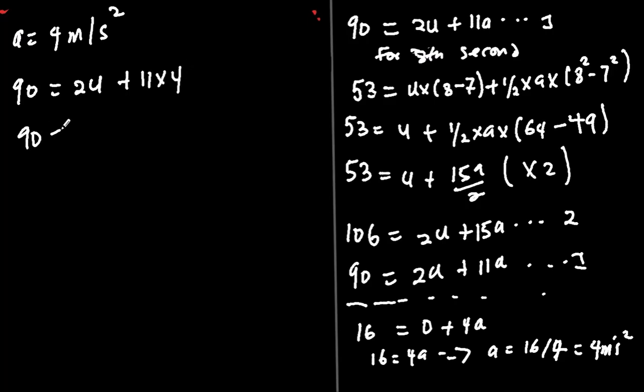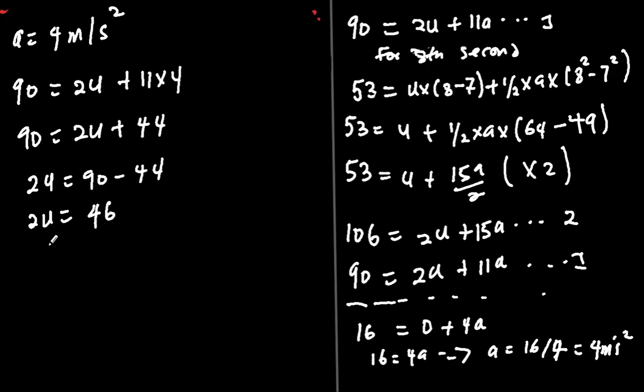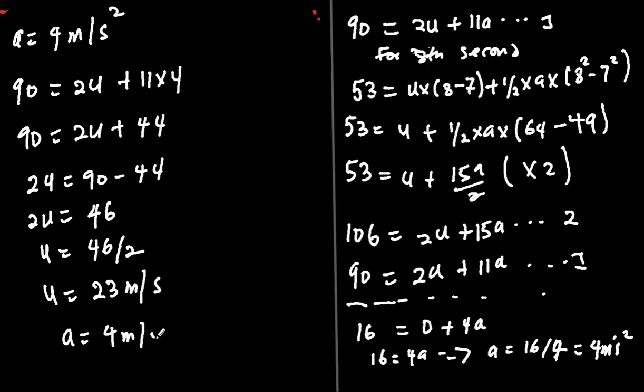So 90 is going to equal 2u plus 44. 2u equals 90 minus 44, 46. So divide both sides by 2. u is going to give us 46 over 2. Then u is going to equal 23 meters per second. So acceleration is 4 meters per second squared. Initial velocity is 23 meters per second.